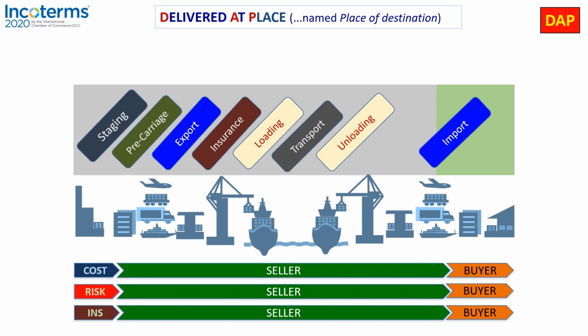The import point or clearance point is mostly defined along with the point of discharge of the main carriage, which could be an airport, a seaport, etc., or a border. But the seller has the responsibility to even transport beyond that particular point inland. So in the contractual agreement, it has to be very clearly mentioned. Yes, Incoterms defines that it is the buyer's responsibility to do the import clearance.